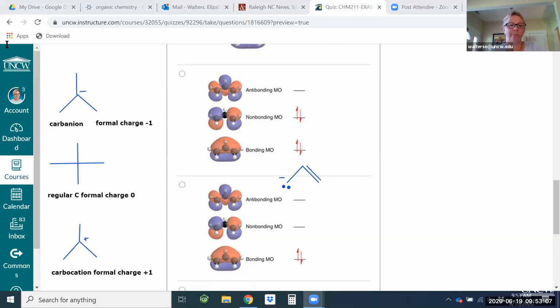So the carbocation is highly reactive, the carbanion is highly reactive. But if you would get a carbocation with a 2+, that would be even more reactive than a carbocation with a 1+. And so when you do formal charge analysis, it's pretty rare to see them greater than +1 or less than -1.